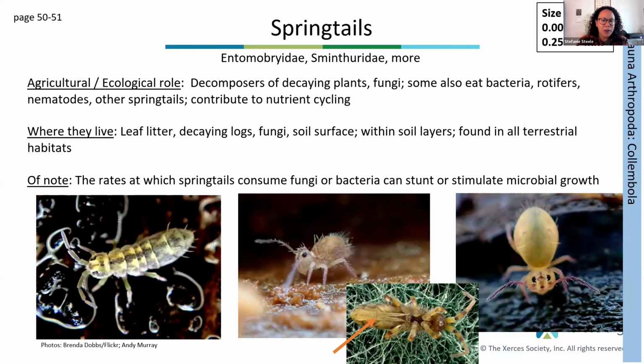If you're ever wanting to try and find them, a simple activity you could do is to take a shallow dish, maybe a shallow clear Tupperware, outside, find some leaf litter and gently shake the leaf litter into the container and see what little tiny animals you might observe there.